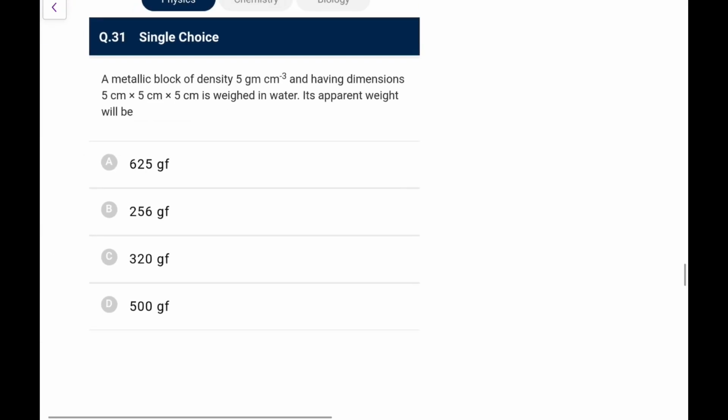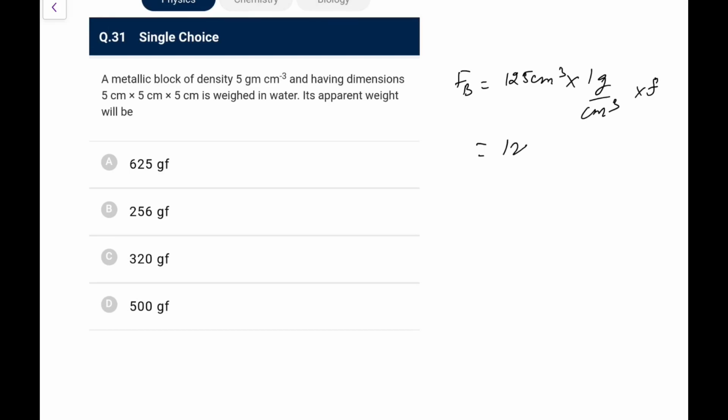Next one. You have a metallic block of density 5 gram per centimeter cube having these dimensions, weighed in water. Its apparent weight will be? First of all, what would be the buoyant force on it? 5 cubed, that is 125 centimeter cube, into the water density, which is 1 gram per centimeter cube, into g, so it will become gram force.